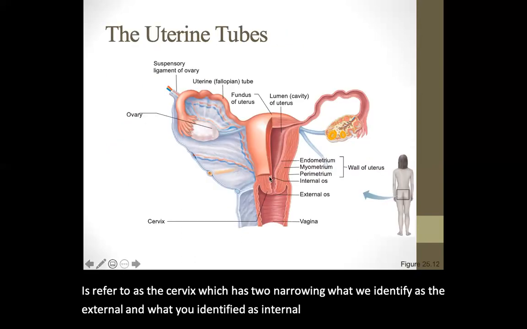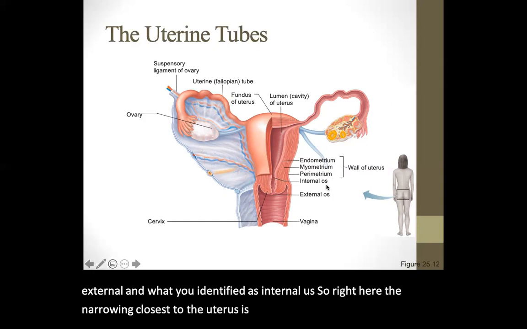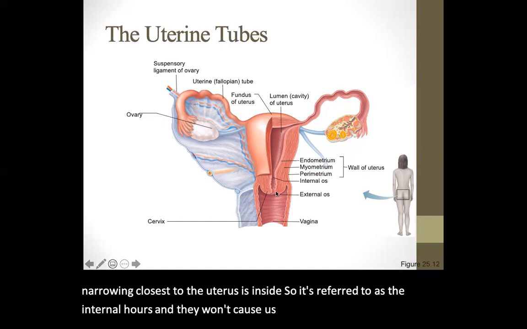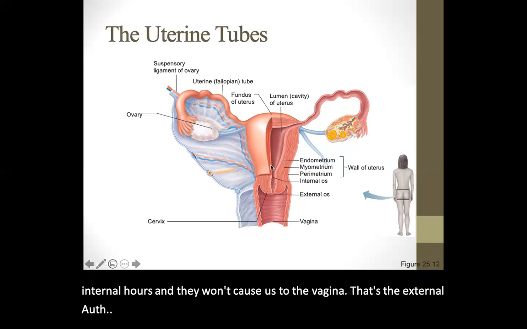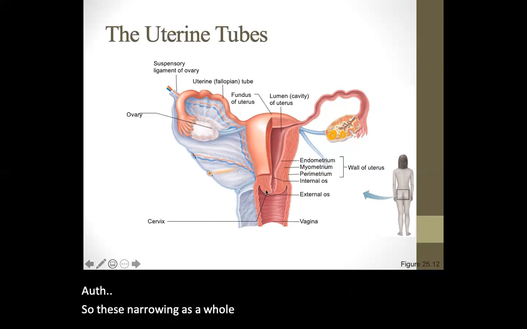So right here, the narrowing closest to the uterus is inside, so it's referred to as the internal os, and the one closest to the vagina, that's the external os. So this narrowing as a whole would be identified as the cervix.